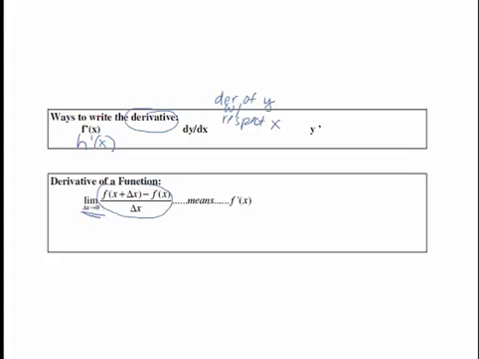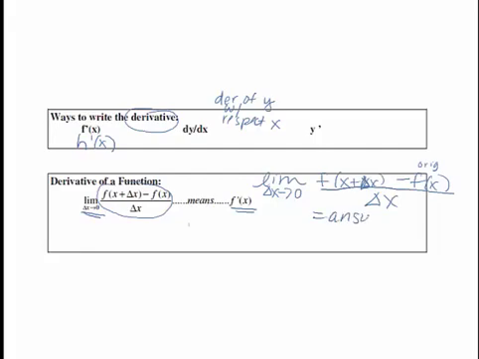Remember, we're approaching a value of 0, whether we get there or not. And then we get an actual final answer, which means that when we take the limit as delta x approaches 0 of the function x plus delta x, which means x, the original problem, plus some change, minus the original problem, and then divide all that by delta x, whatever we get for our answer, that's going to be called the derivative.